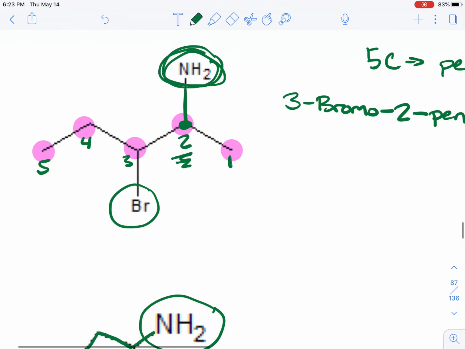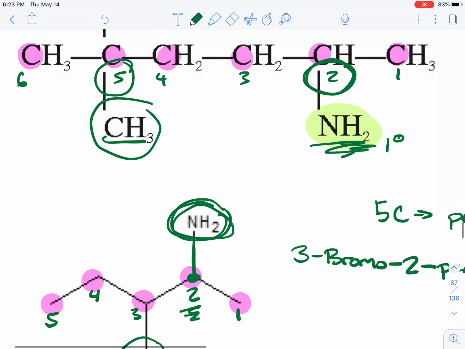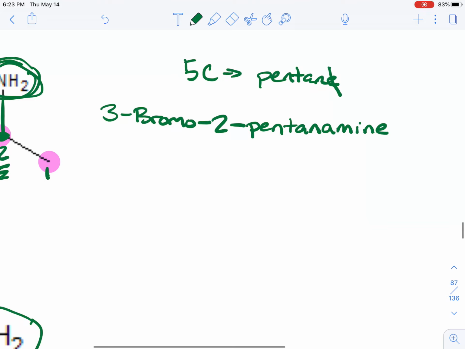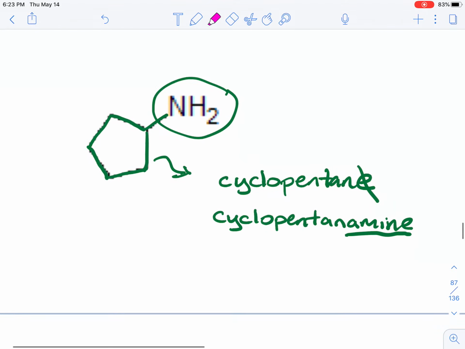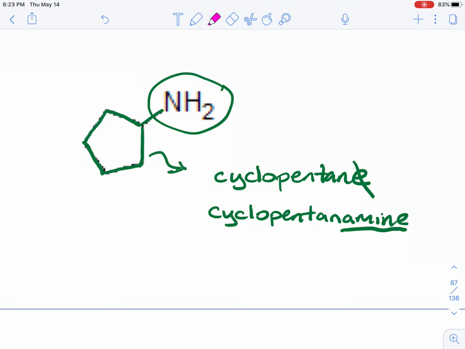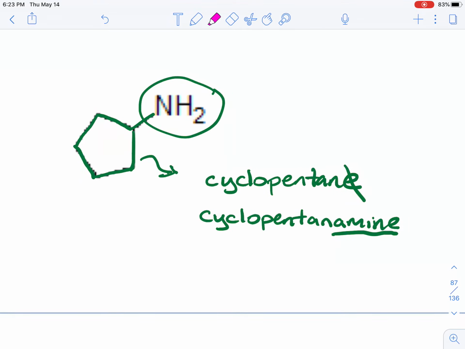And so unlike the long chain version, where we typically have to communicate to the reader that the amine is on a specific carbon number, for cyclic rings, very similar to what we've seen in prior lecture videos and prior chapters, if your amine is the main functional group, then we know that that amine is always going to be on carbon number 1.